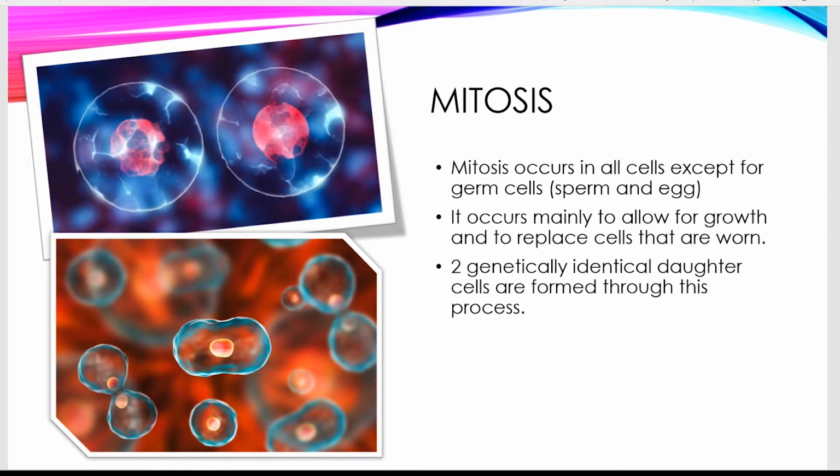Good times. So essentially the purpose of this entire process is to get two genetically identical daughter cells. So you want all of your hair cells to genetically be the same. If the genetics of your hair cells were changing, then you'd have splotches of green and blue and brown and black in your hair.